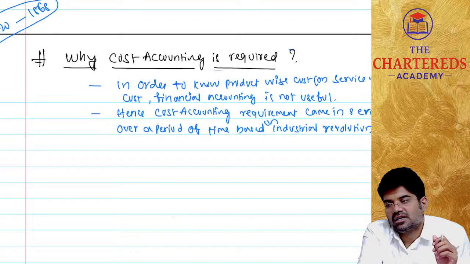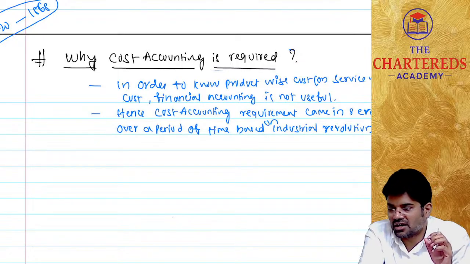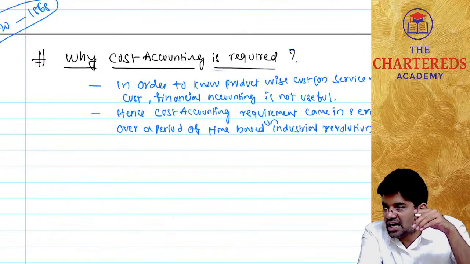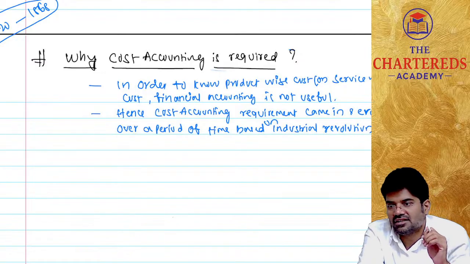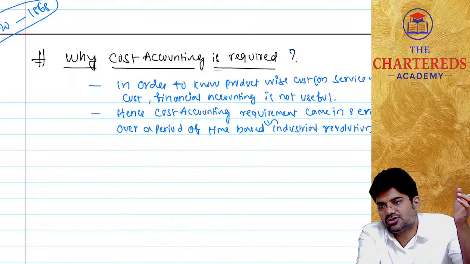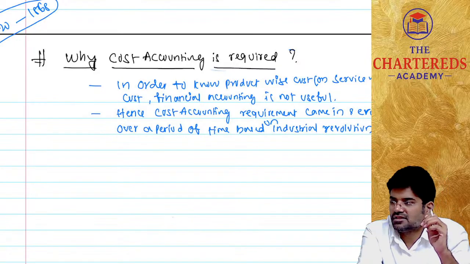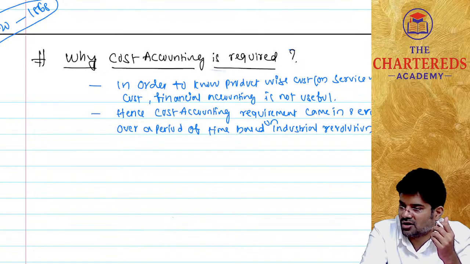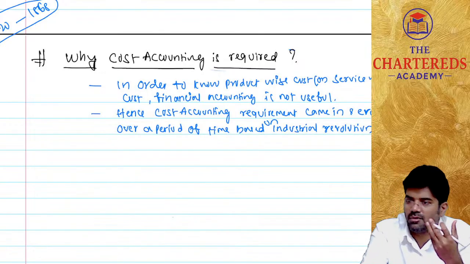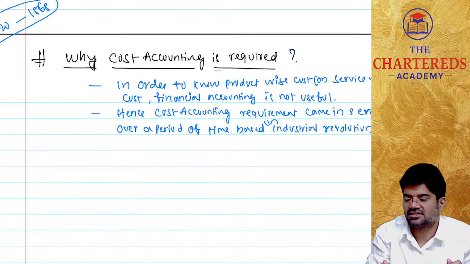Now you are not incurring them specifically for a product, but you have to charge that also to the products. So the big challenge is how we are going to charge those expenses to these products. For that we have solutions like activity based costing and absorption costing. These are some of the techniques we use to assign that cost to the products.